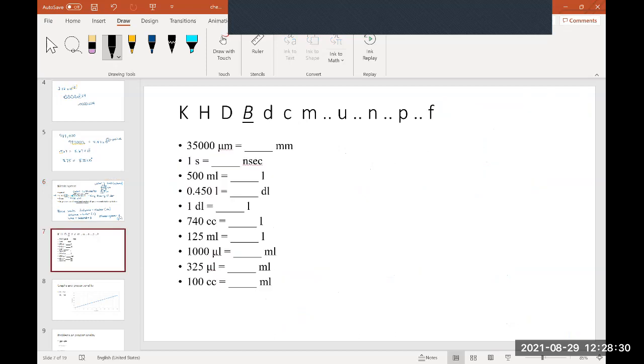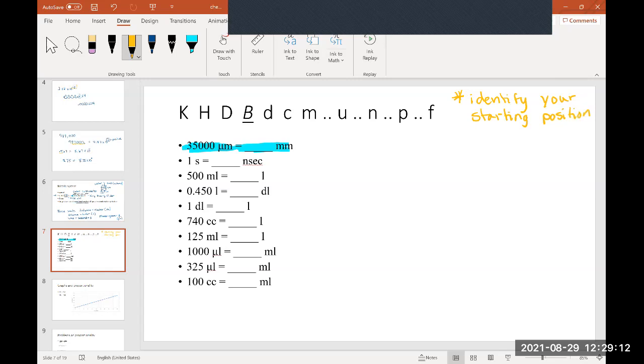Well, let's work some problems. Here's our King Henry slider. Let's work on this very first problem right here. We need to go from 35,000 micrometers to millimeters. First step, I'm going to go through the steps. Our first step is identify your starting position.